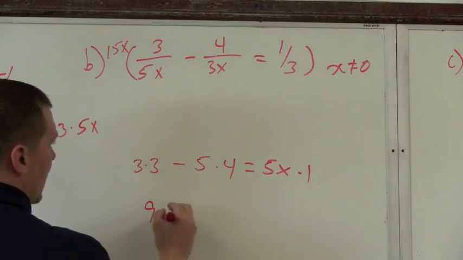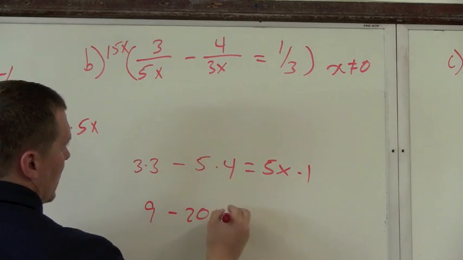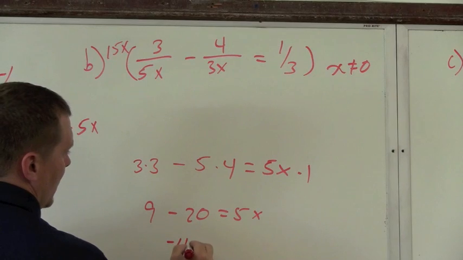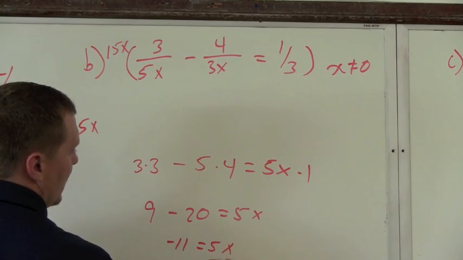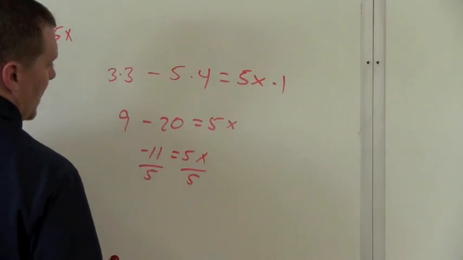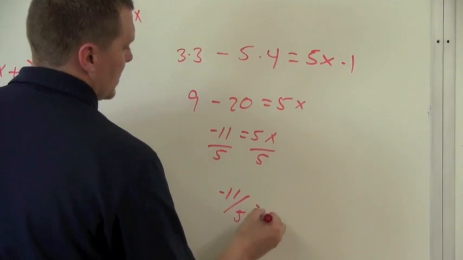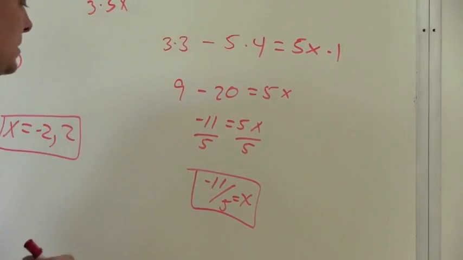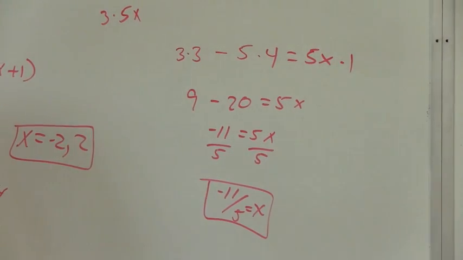So I end up with 9 minus 20 equals 5x. So I get -11 equals 5x, divided by 5. So I get -11/5 equals x. And since that doesn't meet my restriction, that will be my answer.